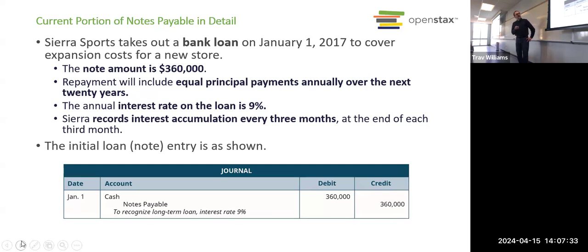Here it says the interest accumulates every 3 months. So you would have to figure out, okay, 3 months have gone by. We want to figure out how much interest has accumulated so far. We take just the same formula we saw before.